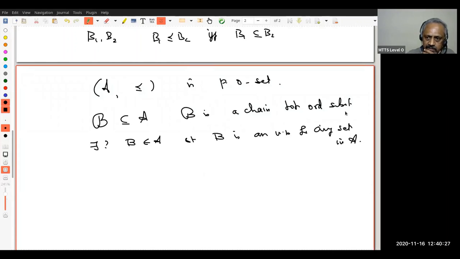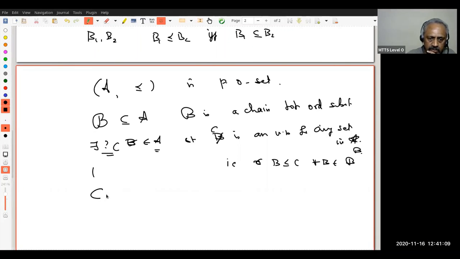If B is a totally ordered subset, you define, maybe I will call it C, such that B is less than or equal to C for every B in script B. Given a totally ordered set, I have to find a C which is in A, so that C is an upper bound for every element of B. That means, give me any element B in script B, B must be less than or equal to C. I have to find such a C.